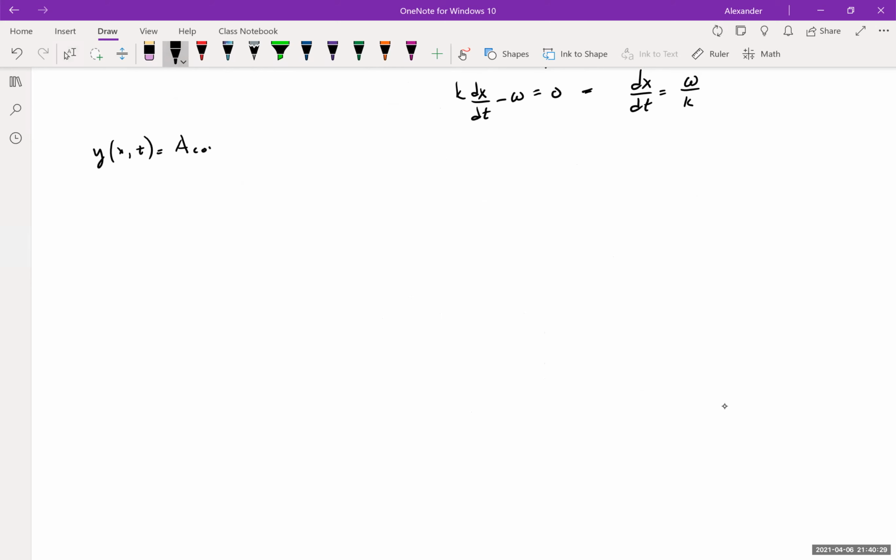Just write it again. The velocity of each particle along the string at each time is the derivative with respect to time only.